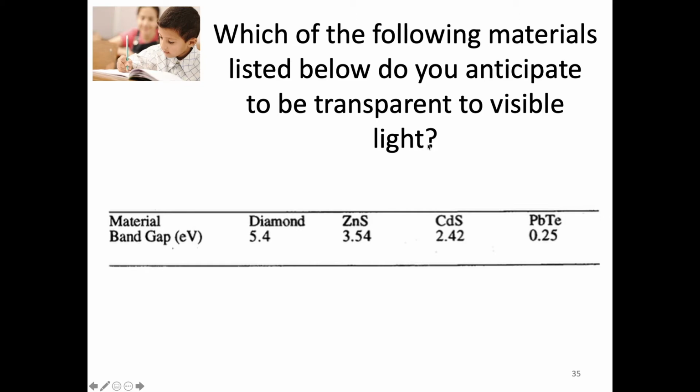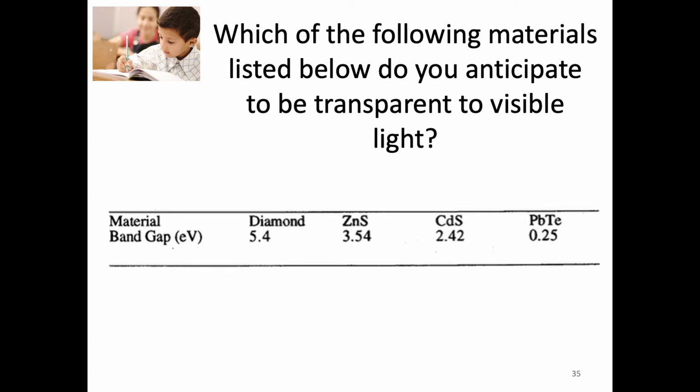So what we need to think about is, how does the band gap compare to visible light? We can think back to that EM spectrum that I gave you. For visible light, the energy is about 1.6 up to 3 eV.